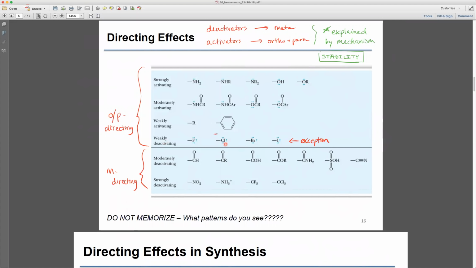So these are still functioning as resonance donors to stabilize that sigma complex, but the halogens are less reactive than benzene. Therefore, it's deactivated. So the rate of the reaction of, say, chlorobenzene is slower than benzene. So we know that the ring is deactivated. That means they're functioning as withdrawers, but they direct ortho-para. So how do we explain the data there? Well, they must function as resonance donors.